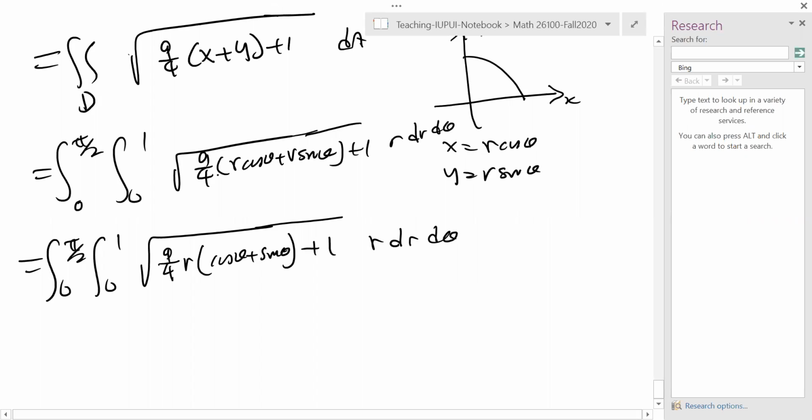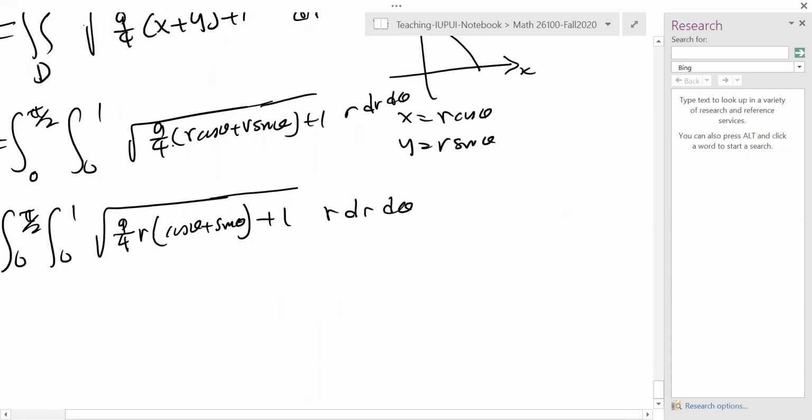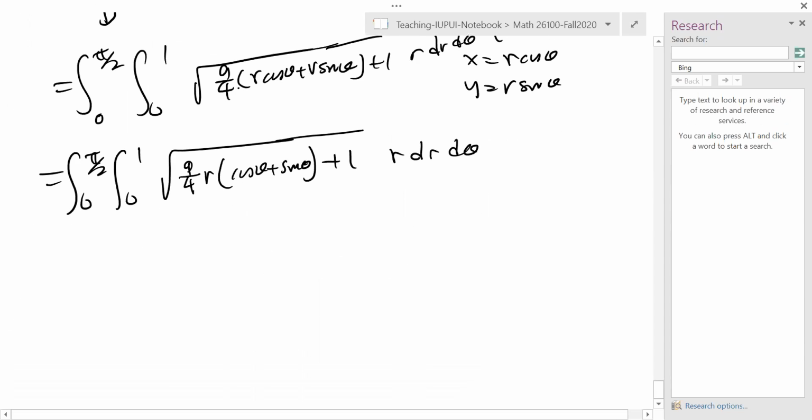How do we evaluate this? Think about it, okay? I don't like the radical, right? It's too complicated. If without the square root, I can do that.